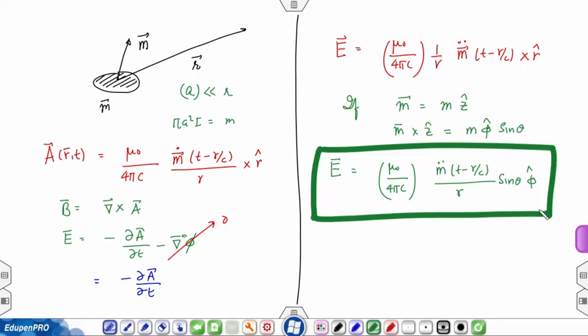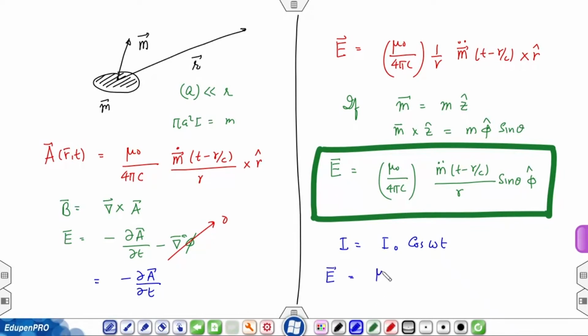This is my answer for the electric field from a dipole formed by a time dependent current. Let us take a special case: I equals some I 0 cosine of omega t. In that case, this is an oscillating current, an oscillating dipole.